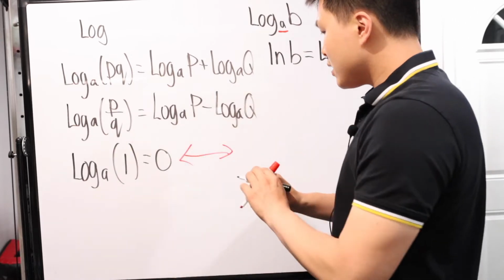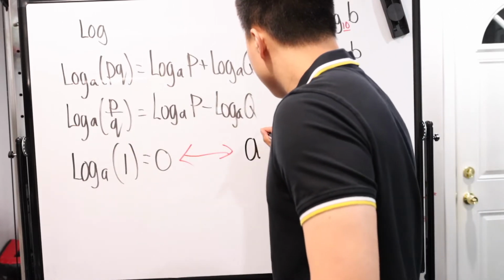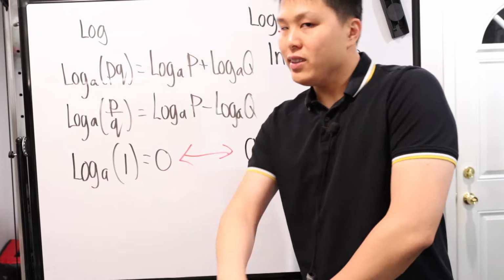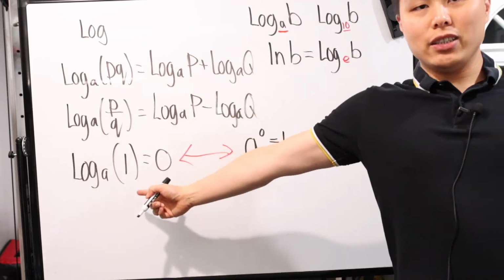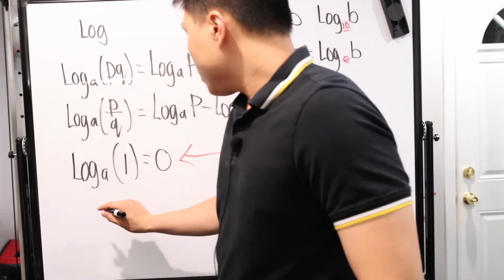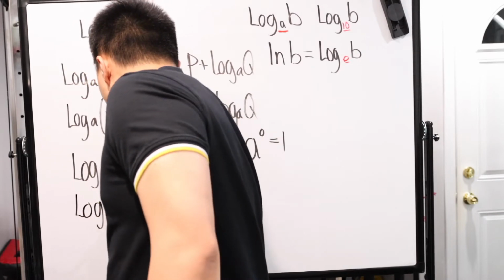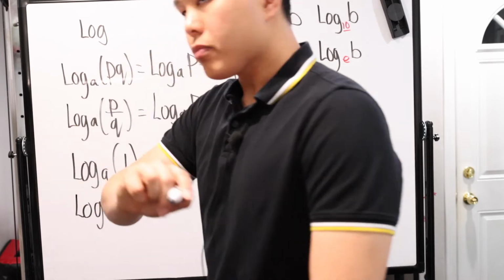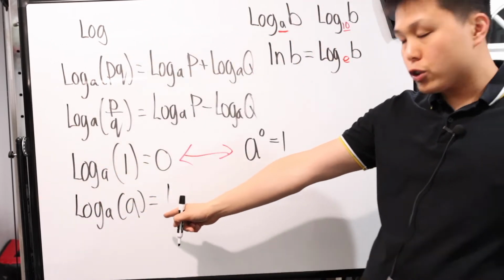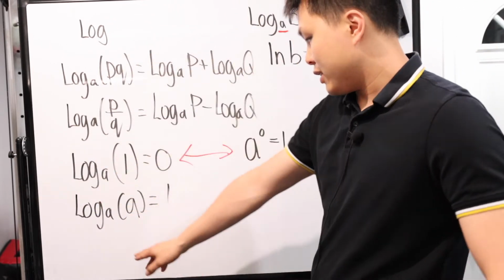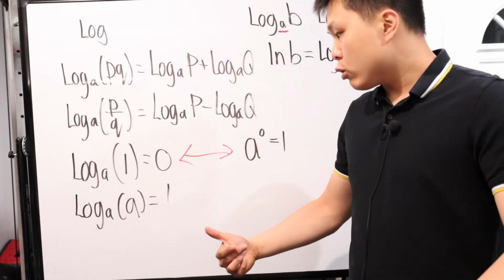So this is technically a to the 0 power equals 1. That makes complete sense. There it is, right? Let's look at some more. Well, log base A of A equals 1. Which again makes sense if you interchange it and write it as exponents, because that's just going to be a to the first power equals a.